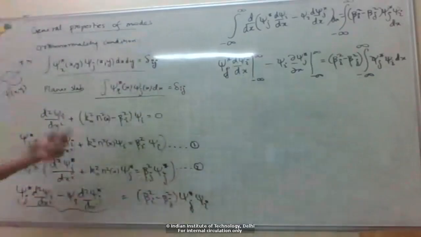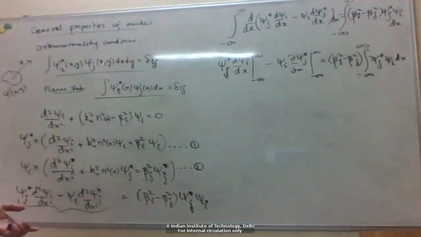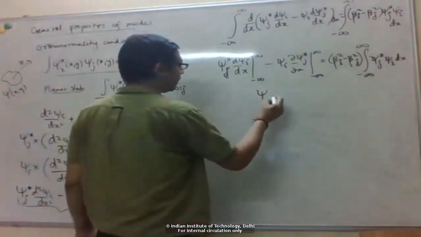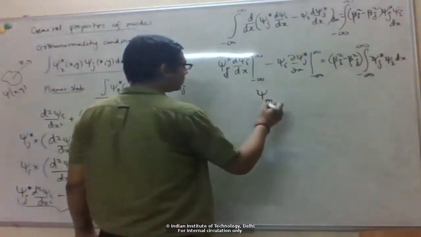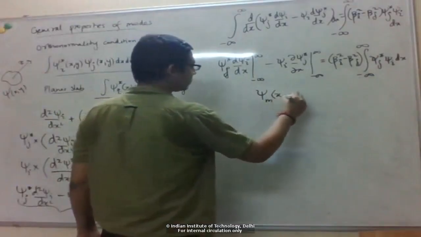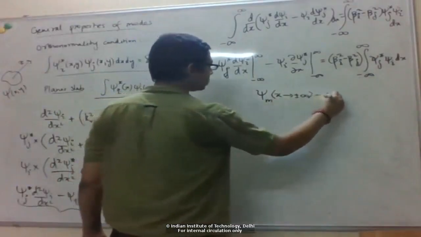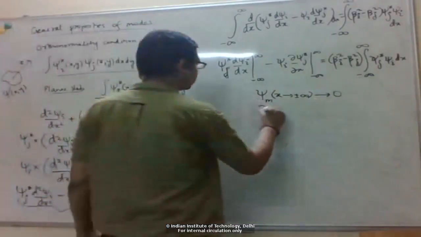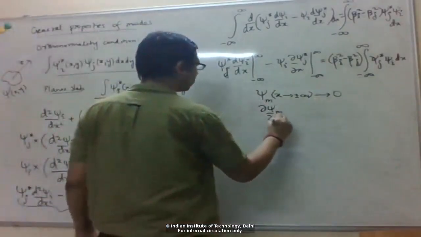But when we solve for the modes, for physically relevant modes, as you know, for any mode m, as x tends to plus minus infinity, this has to go to 0, right? And not only that, the derivative also has to go to 0, right?